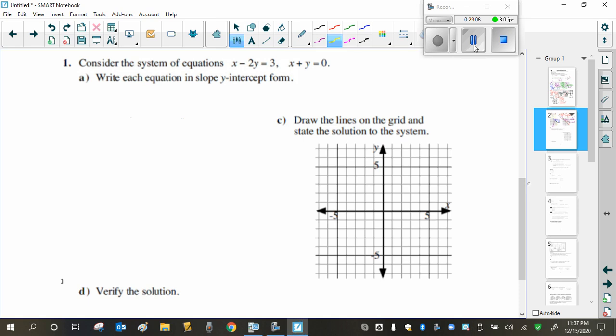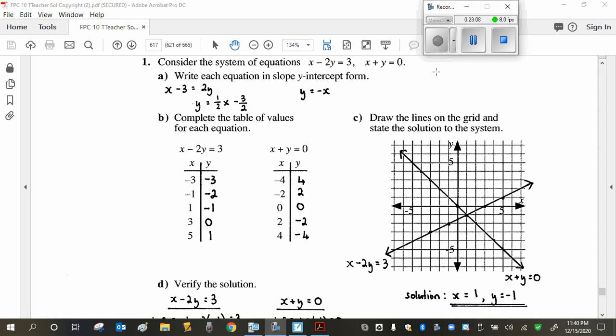Use the force. Okay, here's the homework question number 1 on the bottom of page 2. You had A, C, and D. And you're solving for y. Okay, so that's what slope y-intercept form means. Solve for y. Write that down if you need to.